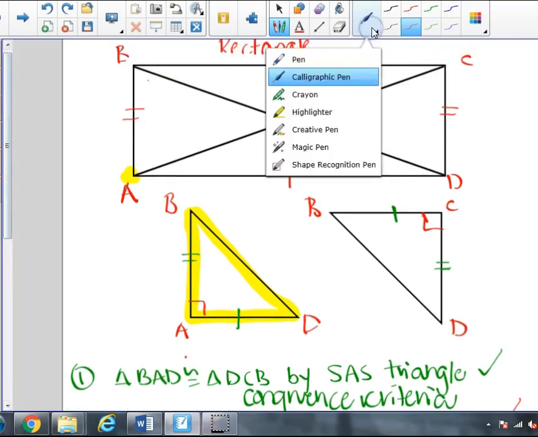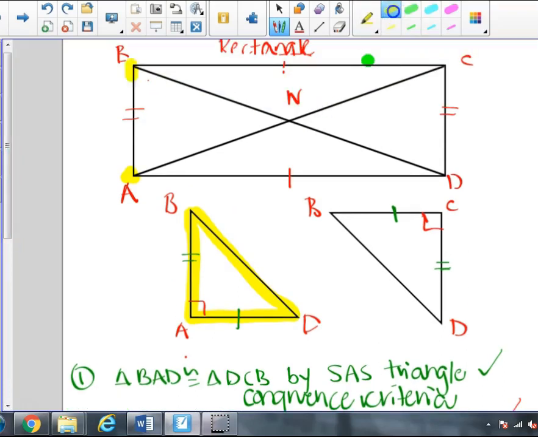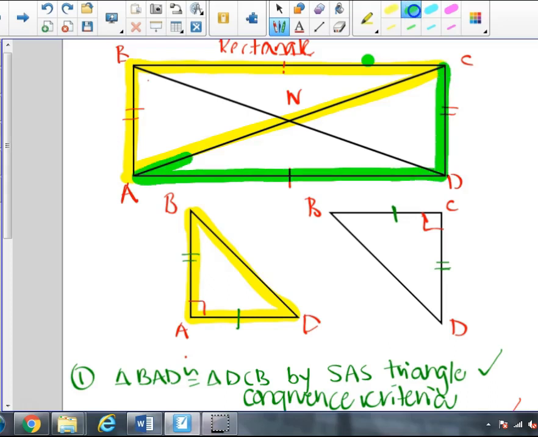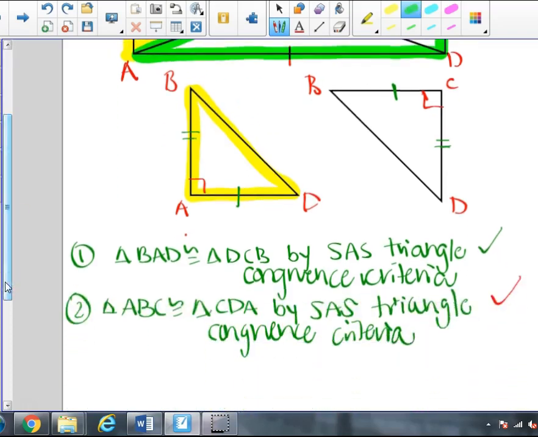So then we are focusing on the triangle up here in the top left corner, and then the triangle in the bottom right corner. So those 2 triangles there, and we wrote those down that triangle ABC would be congruent to triangle CDA by SAS triangle congruence criteria.